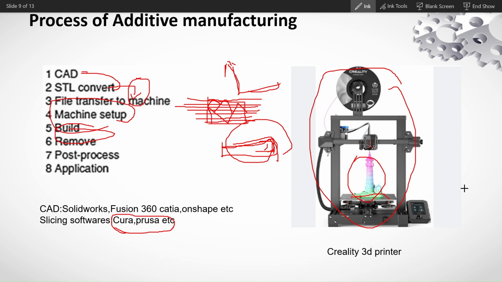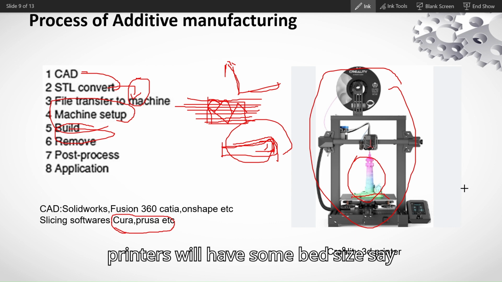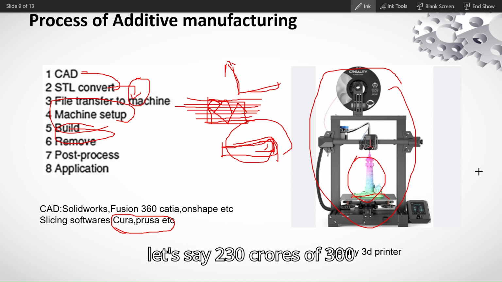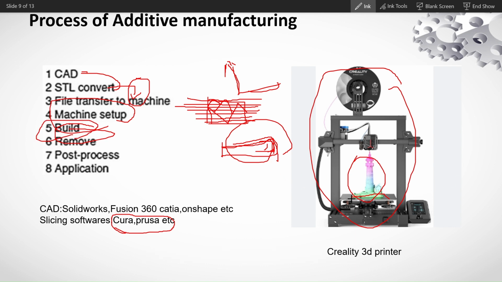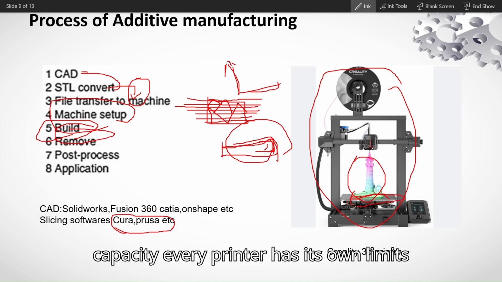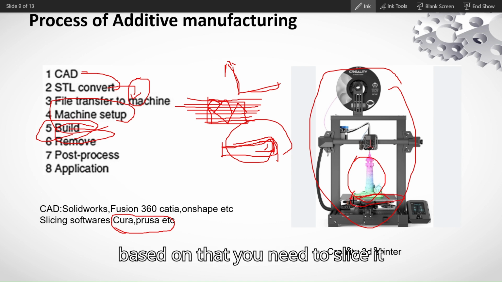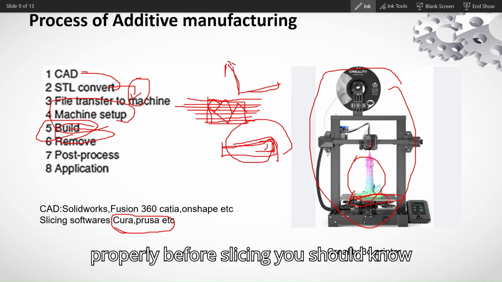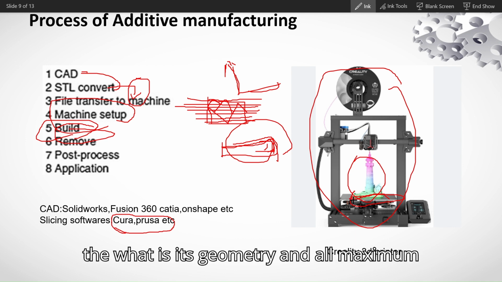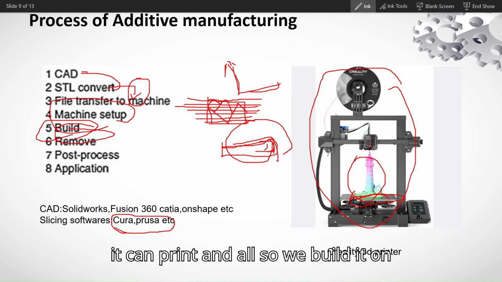Similar to this, the printers will have some bed size, let's say 230 by 300 mm, or 230 by 230 by 230 mm. Based on the capacity, every printer has its own limits, and based on that you need to slice it properly. Before slicing, you should know its geometry and the maximum it can print. So we build on it.